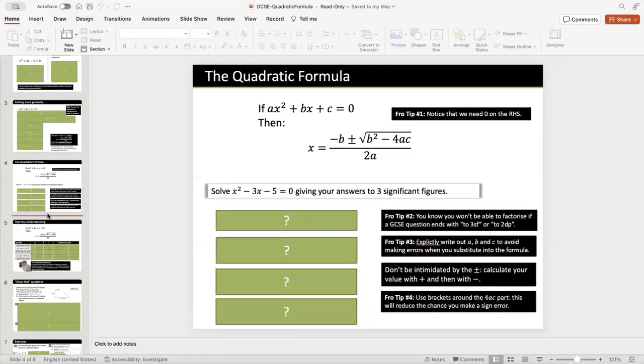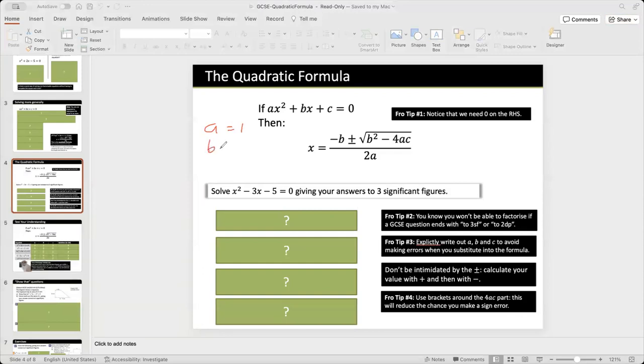So let's try and do this question now. You can see clearly that anywhere you see b, you will put minus 3 there. Don't forget, guys, a equals 1, b equals minus 3, c equals minus 5.